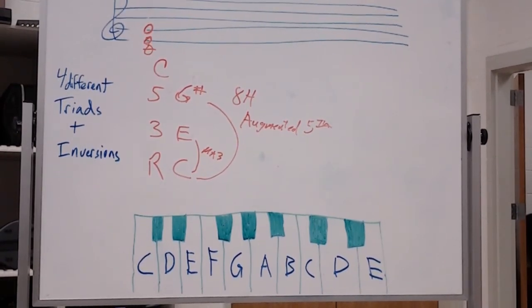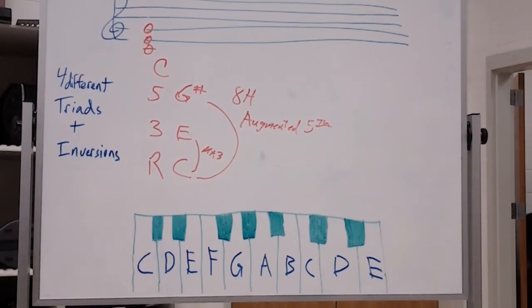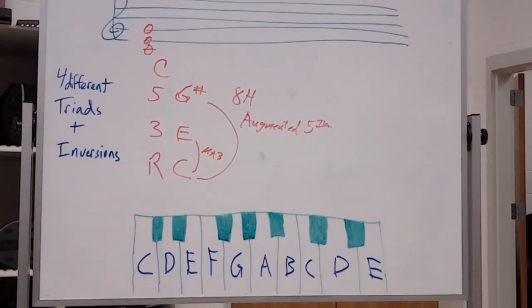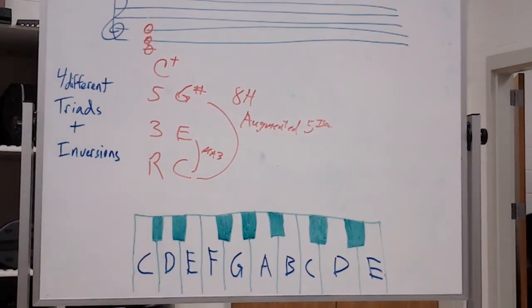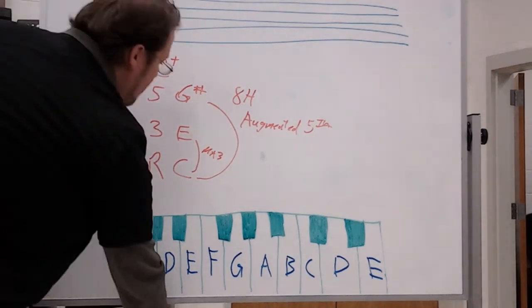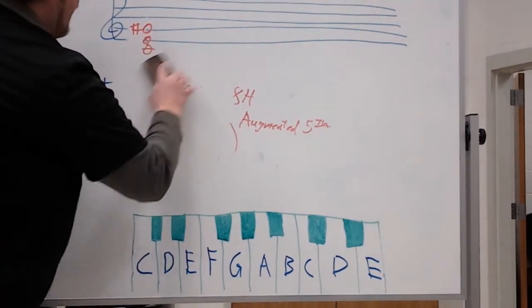Now if I add that third in the middle, C, E, and G sharp, I now have what's called a C augmented triad. And the symbol for an augmented is just a little plus by the C. C, E, G sharp. 4 different kinds of root position triads.